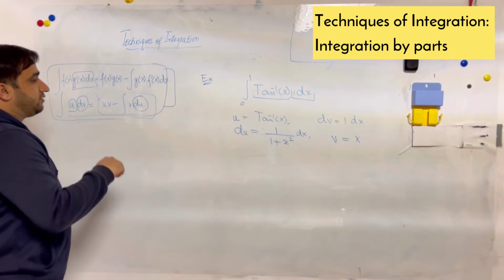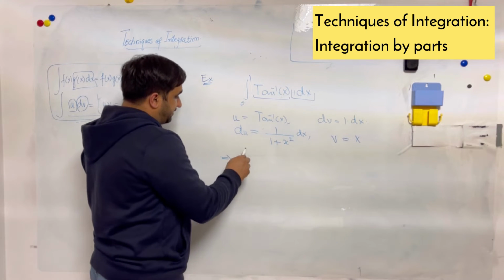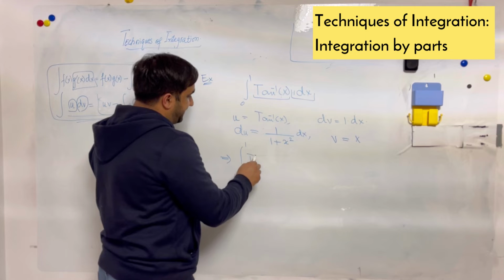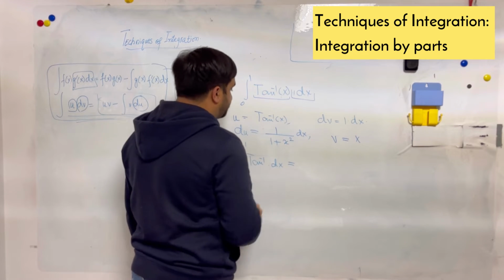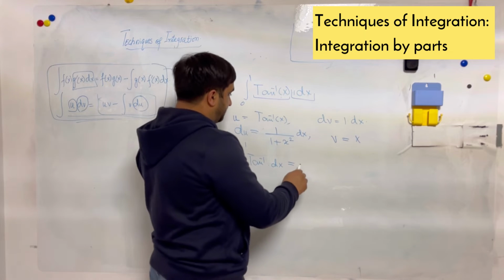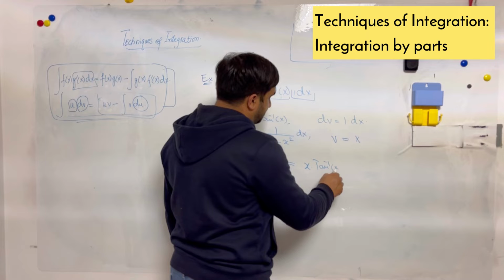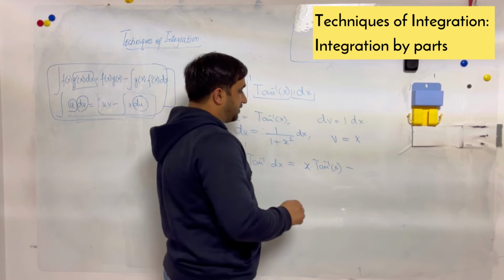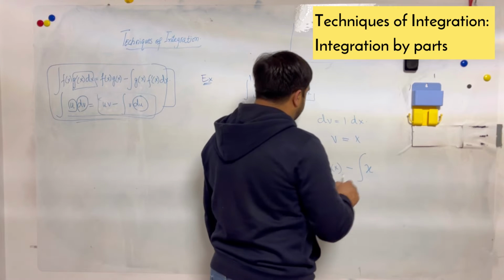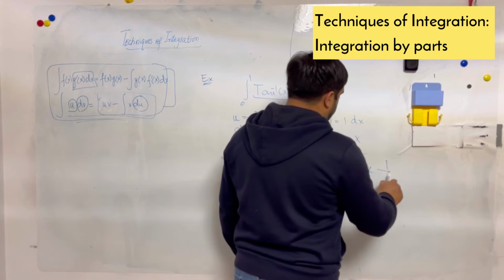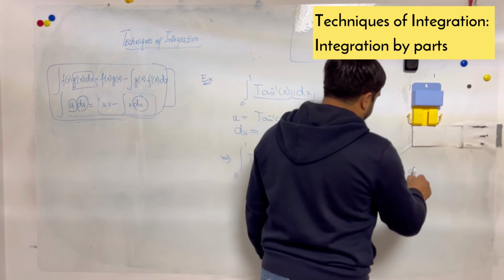So you can put them into the formula, and the formula will be: the integral from 0 to 1 of tan inverse dx is equal to u times v, that is x tan inverse x, minus, from the formula, the integral of v, which is x, du, which is 1 over 1 plus x square dx.